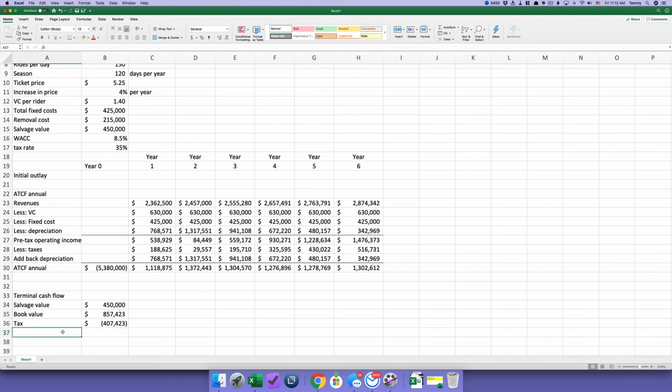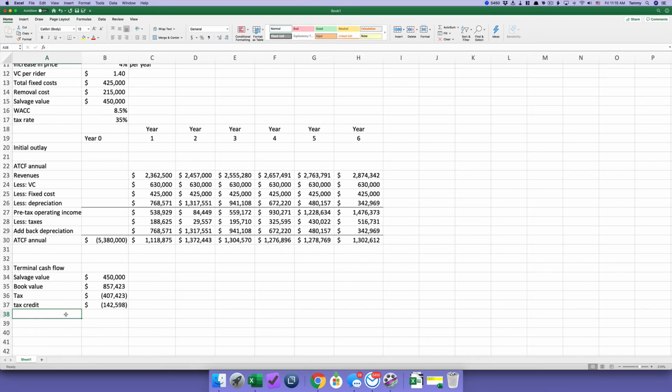So that means that we get a tax credit of it's that amount times 35%, 142,000, right? So that means that our terminal cash flow.